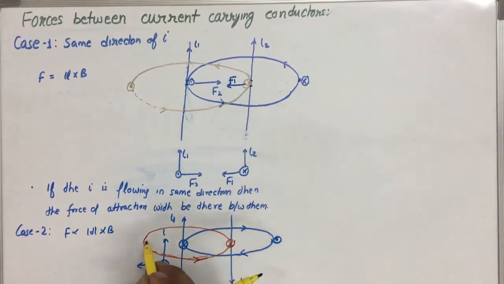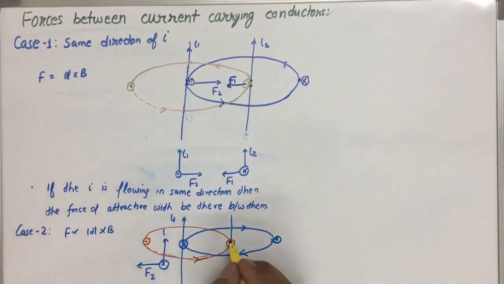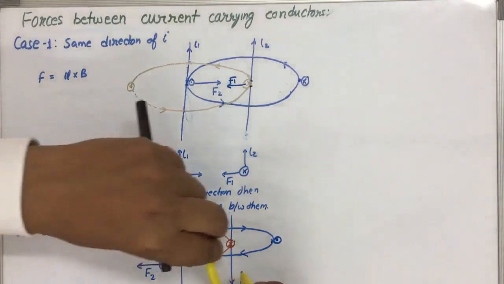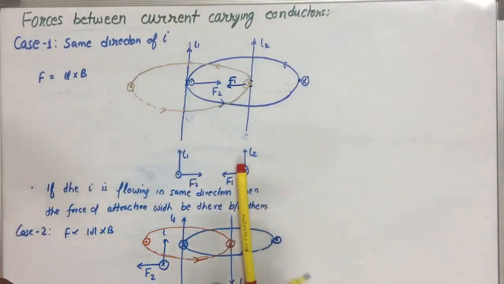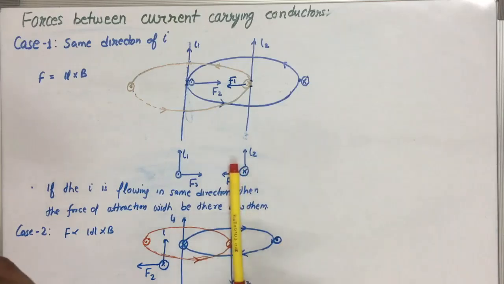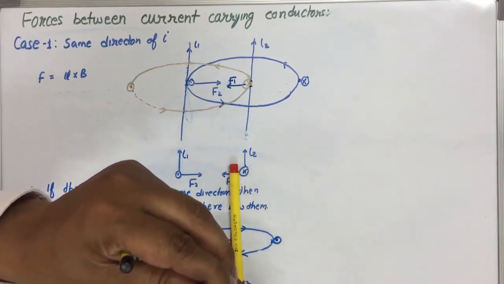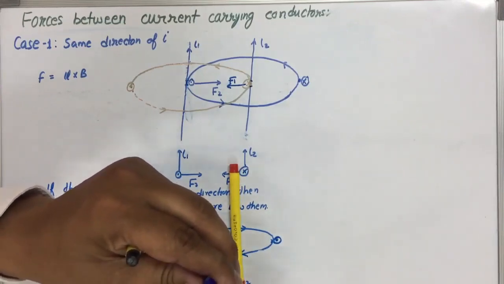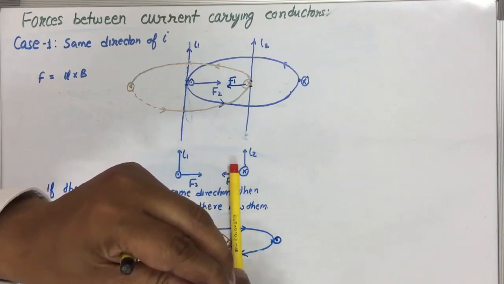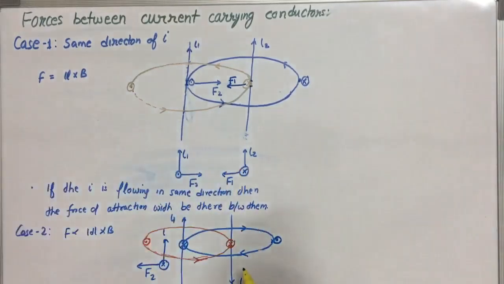Here the field will be upward. So if we wish to find the force at this element of current conductor I2, then at this point the field is downward and the current is in this direction. In this conductor, the current is here, the field is down, and the IDL cross B direction gives the force direction, that will be in the direction of the palm.